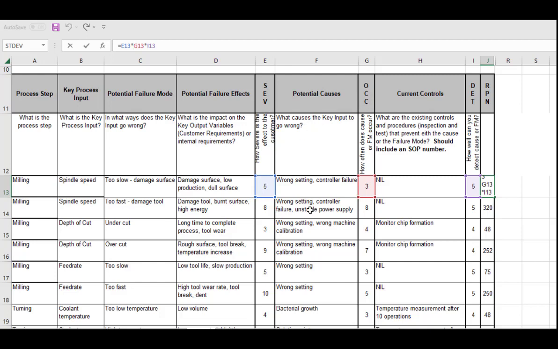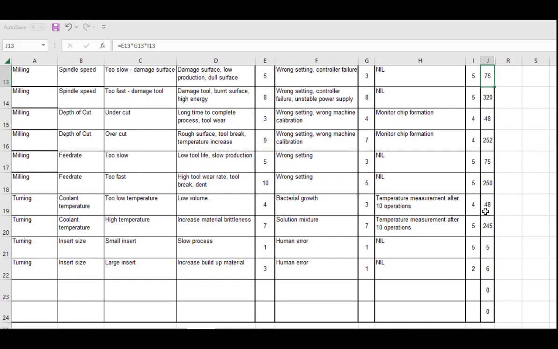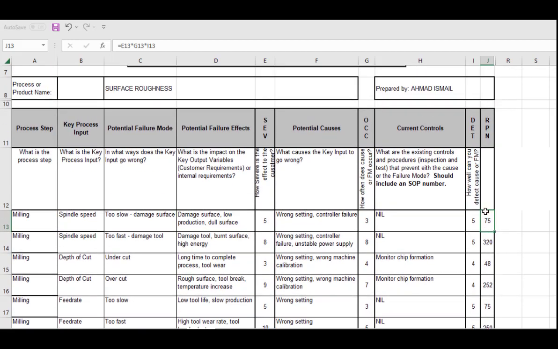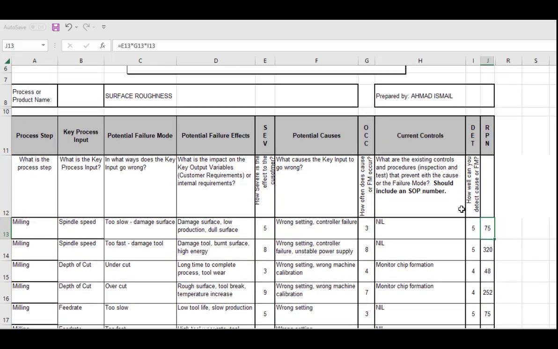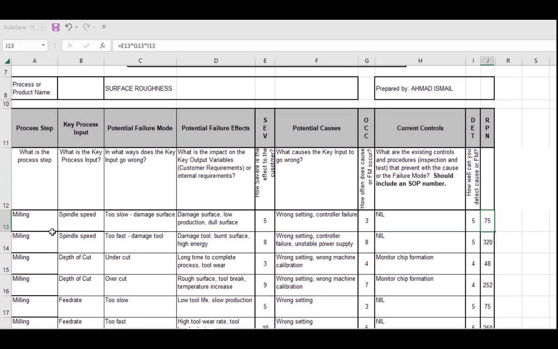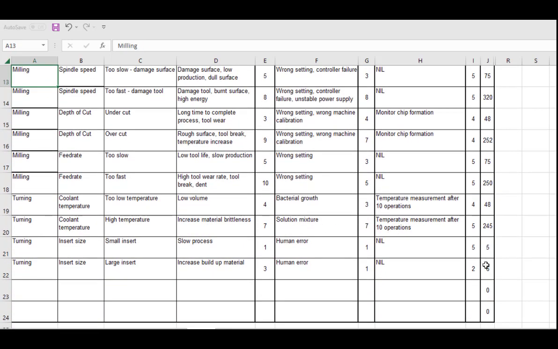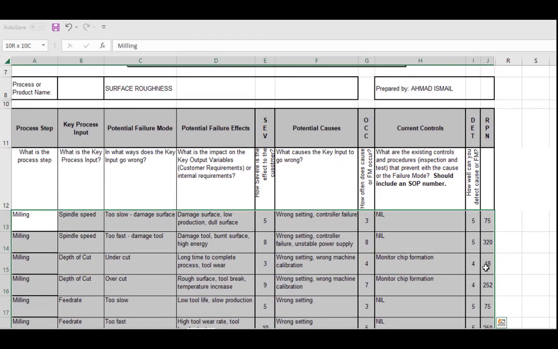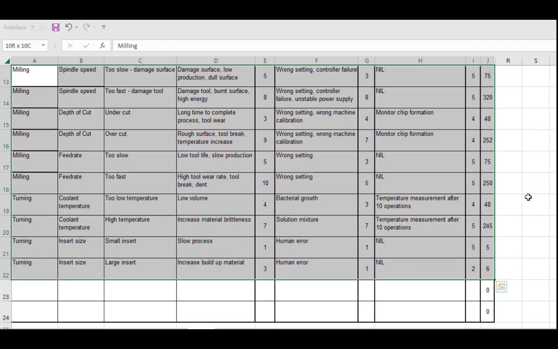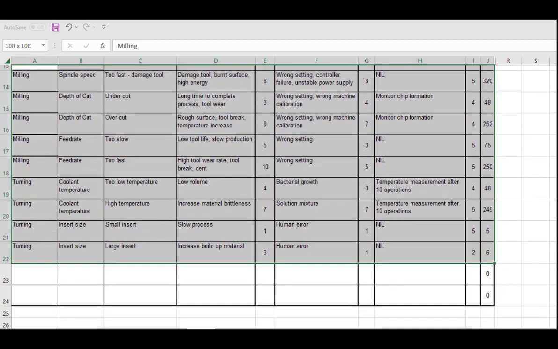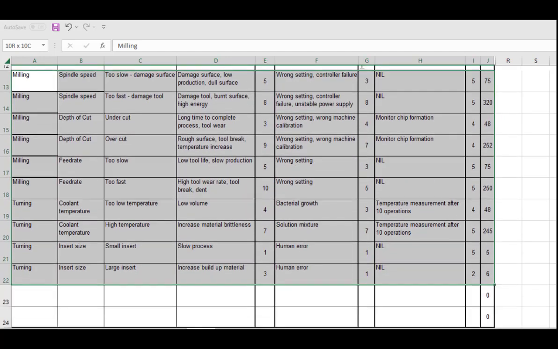Okay, so this is the RPN number. And once we have completed filling in the table, the next step is to sort the table. Okay, the same process as we did in the cause and effect diagram. So we sort the table in descending order, meaning from the largest to the lowest.